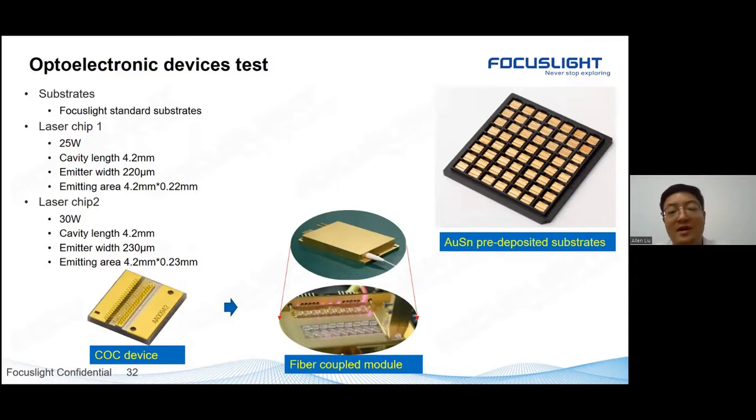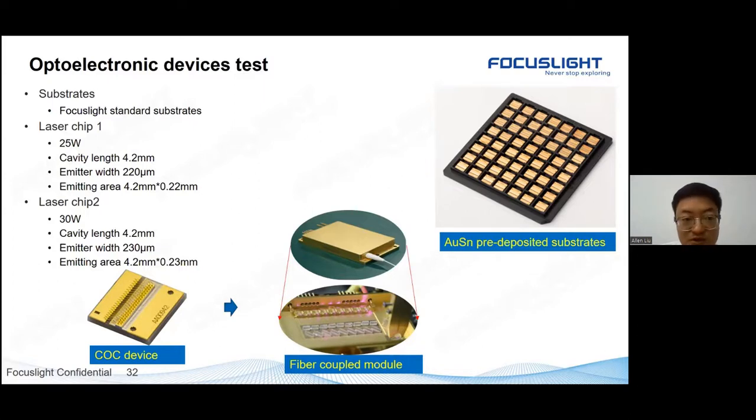So what is our application test for the device? We use our standard substrate and two kinds of laser chip. The first one is 22 watt. The second one is 30 watt. You can see the cavity length is the same, and the emitter width is a little different, and the emitting area is different. And we use the same kind of substrate to bond different laser chips.